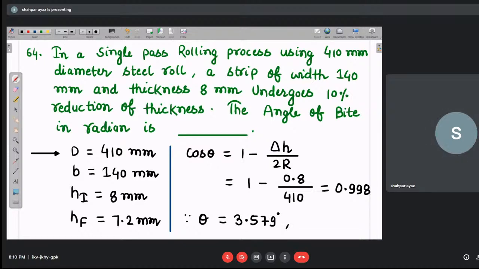Right. Into pi divided by 180 is 0.06 radian. Clear?